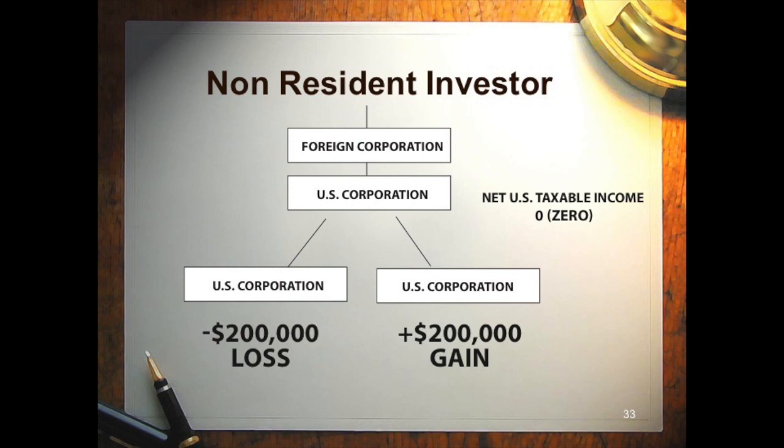Well, the foreign investor wound up losing money in one of the U.S. corporations and gaining the same $200,000 in the other U.S. corporation. Well, because of this structure of one U.S. master corporation owning two U.S. subsidiary corporations, the master corporation can consolidate all of these corporate attributes and take advantage of losses against gains.